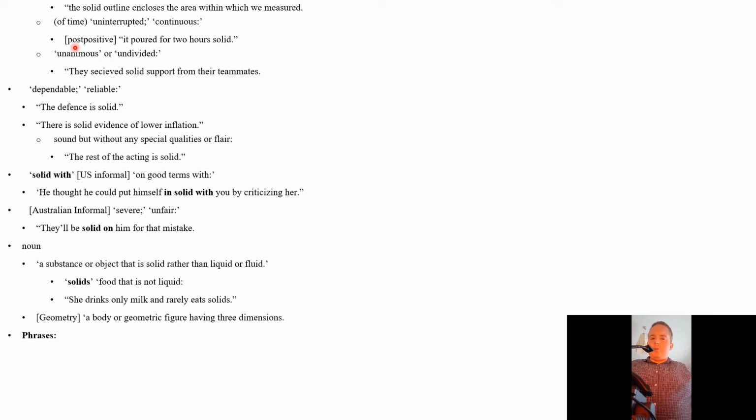And a postpositive in Greek is gar, gamma, alpha, rho, gar. I think it means and or but. It's a conjunction, but it doesn't begin the clause ever. It always comes at least second in the clause.